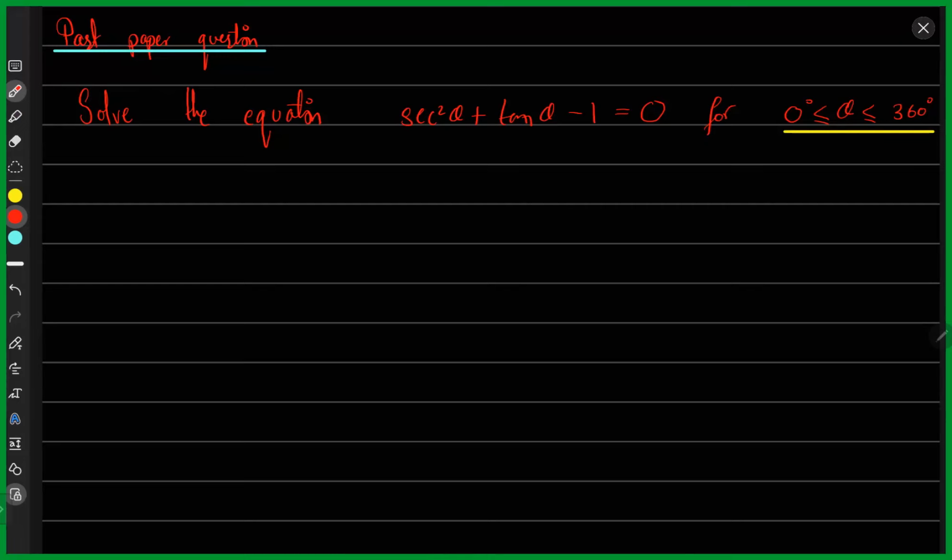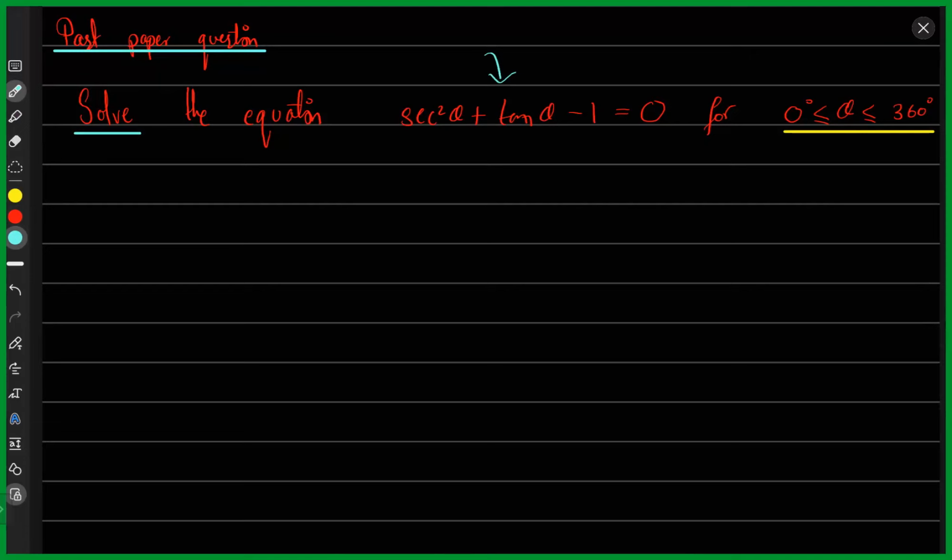Now this is what we need to solve, and we need to first simplify this and then we would be able to solve it. One thing that I taught in AS as well is whenever you've been asked to solve a trigonometric equation, make sure that you only have one trigonometric function.